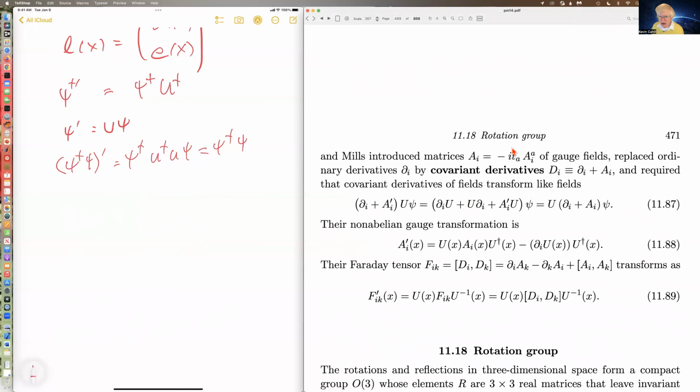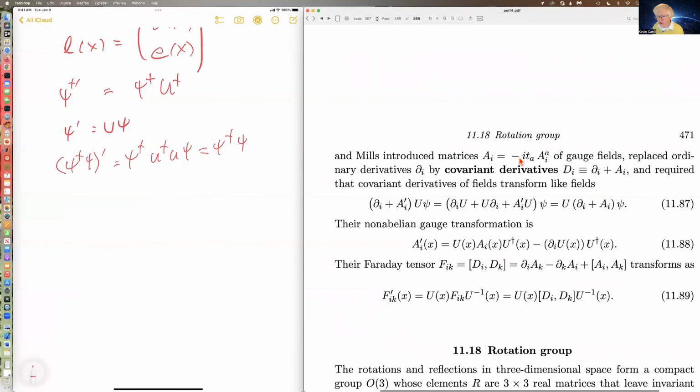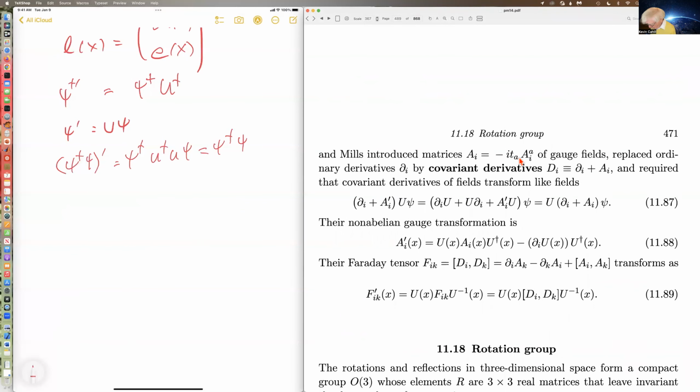And these matrices are then multiplied by gauge fields, which are connections, and then an overall I. Why is there an overall I? Well, it's this obsession we have in physics with only dealing with real observables. And so if we have an observable that's actually imaginary, we stick in an I and factor out the real part, call that the observable.